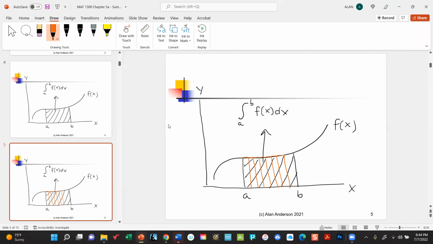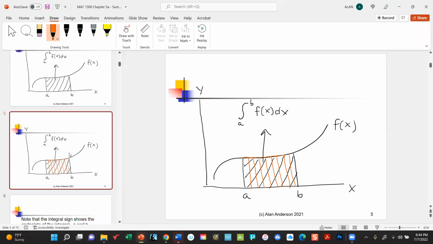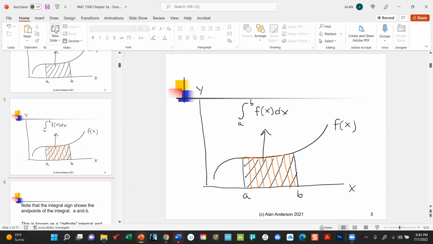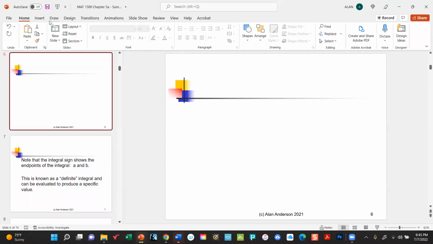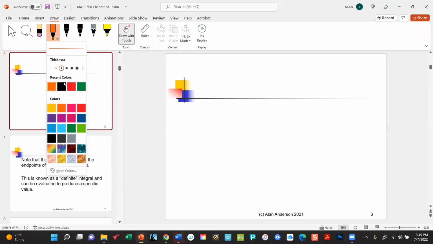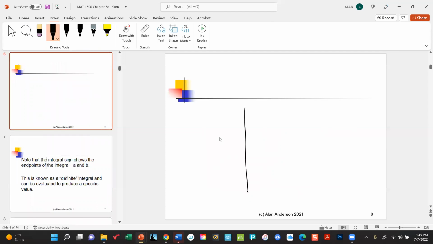Now, this graph isn't working out that great. Let me show you another one so you can see it a little better. Let's try this one. So let's say I'm interested in this range in here.